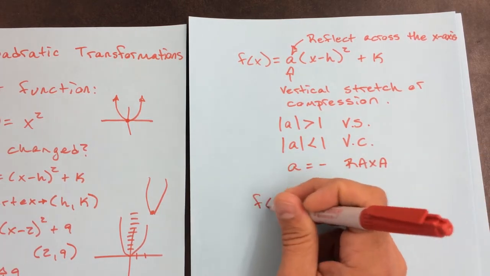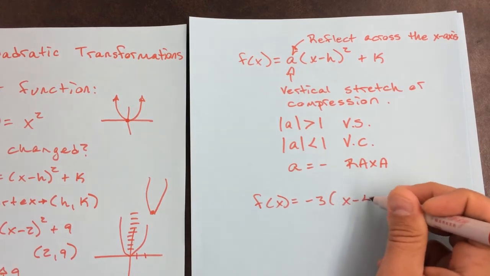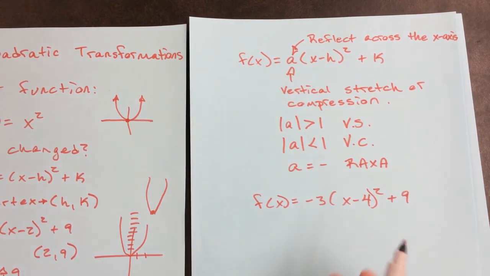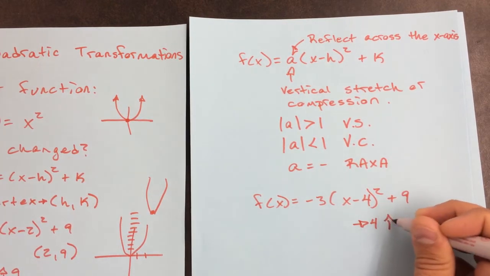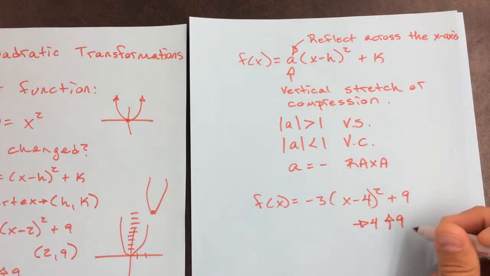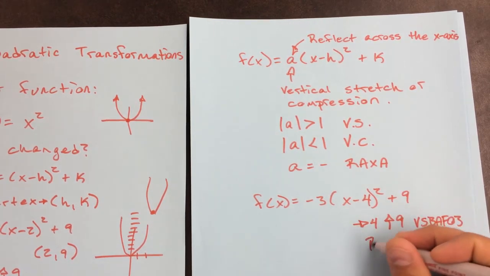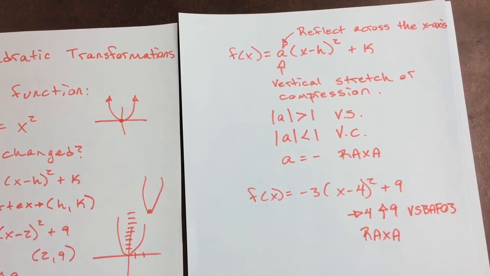So if I give you the function rule that looks like this, a couple of things are happening here. The first thing that's happening is that it's moving to the right 4, up 9 from this and this. The 3 is vertically stretching it by a factor of 3. And the negative is reflecting it across the x-axis. So there's a lot of stuff that's happening there.